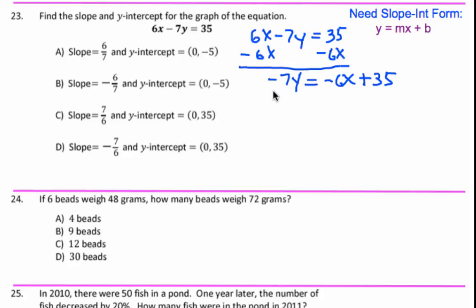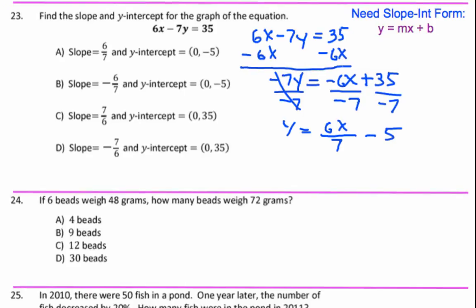I'll now divide both sides by negative 7 to solve for y. And if you remember from the sample A video on this problem, to divide the right side by negative 7, that's the same thing as dividing each term by negative 7. So the negative 7's cross out, and we're left with 6x over 7, because the negative divided by a negative is a positive, and 35 over negative 7 is negative 5.